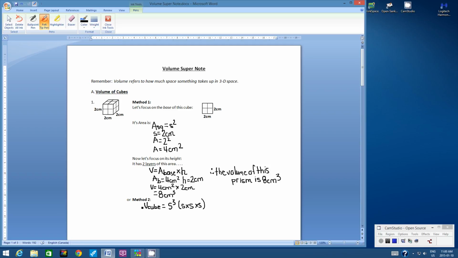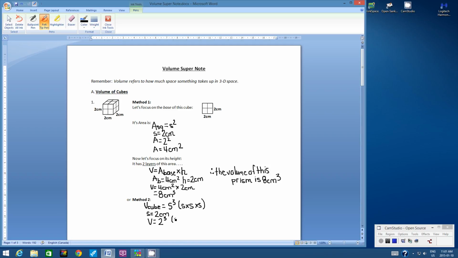All right, that's our first line, our volume or our formula line. Our second line is the information line. Well, what do we know? We know that the length of a side is 2 centimeters. The third line is the substitution line. Volume equals 2 centimeters to the power of 3.